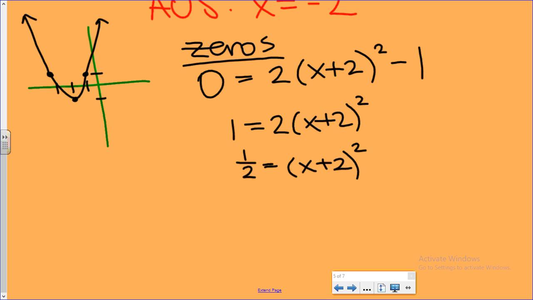Okay, good. Now we have something squared equals a number. We can square root both sides. Please do not forget that when you are solving an equation and you square root both sides, we get a plus or minus answer.